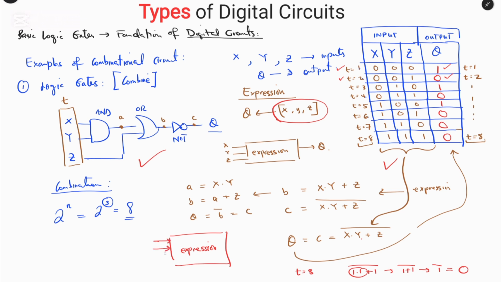So if we have 1, 2, 3, and 4, you will have only one output Q. So we can have X, Y, Z, and let's say M. The first thing you should do is find the combinations, 2 to the power n. So 2 to the 4 will give us 16 combinations. So you will draw a table which will have combinations 1, 2, 3, 4, all the way to 16.